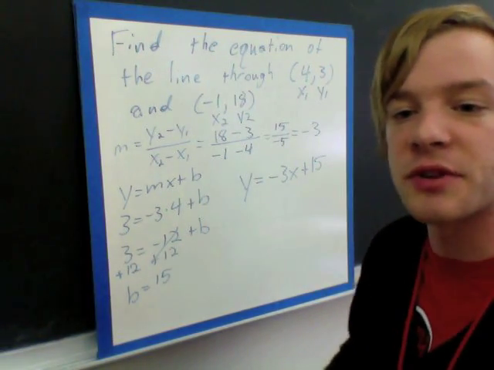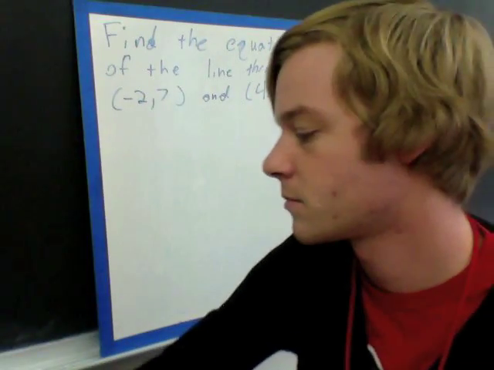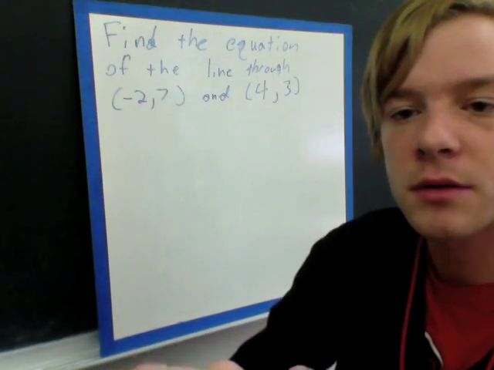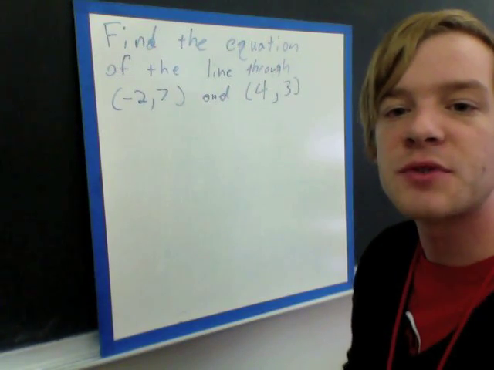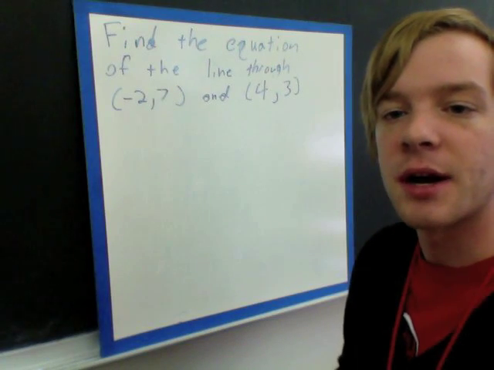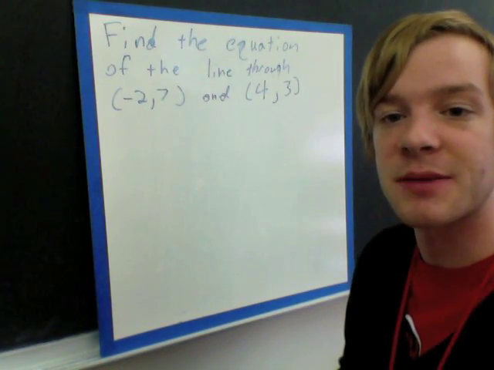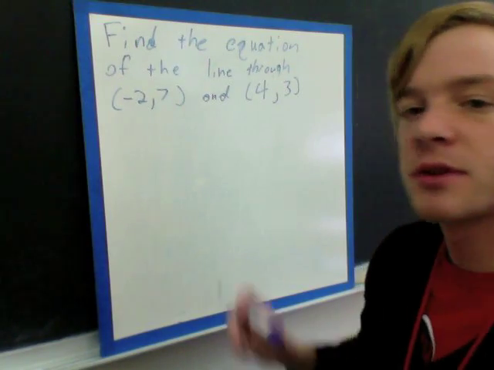Let's take a look at another example. Here, I have the points (-2, 7) and (4, 3). I'm going to go through the same steps here, and it's pretty much going to be the exact same way to solve it out, but this is just another example.